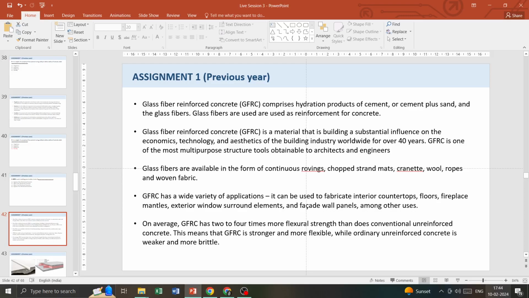Reinforced concrete is a cement sand mixture with water, in which there is also steel for reinforcing the building. Then we have GFRC, in which the reinforcement instead of steel is being given by glass fibers. So GFRC is considered to be 2 to 4 times more flexible than normal concrete. It means that it is stronger and more flexible than regular concrete.